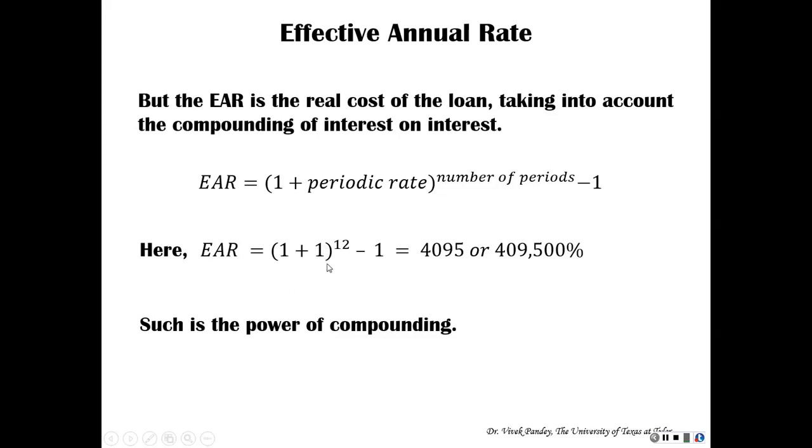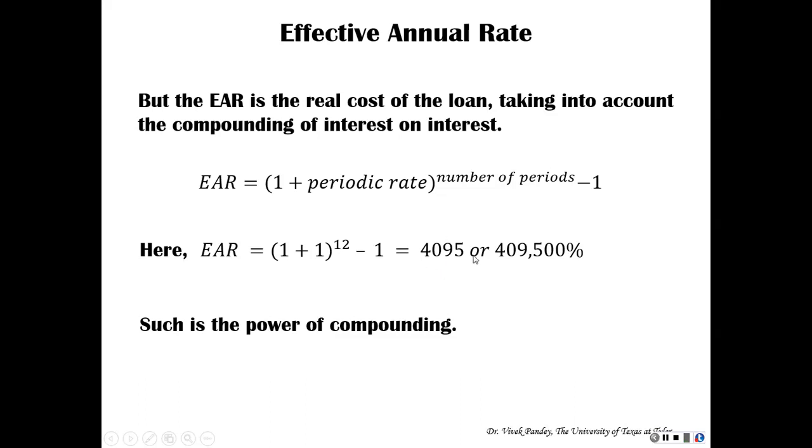So we have to do 1 plus 1, raised to the power 12, minus 1. When you crunch this out, it's simply 2, then y to the power x, 12, equals, and then minus 1. It's going to give you 4095.